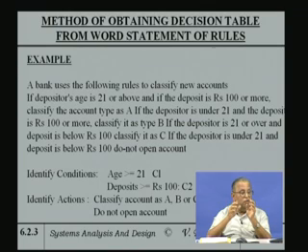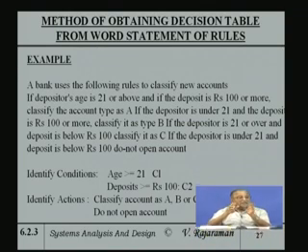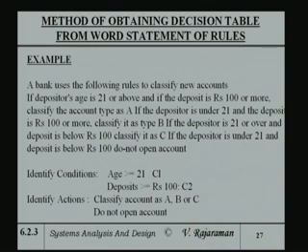So, condition 2 is deposit greater than or equal to 100, and there is no other condition, only age and deposit amount. And the actions which are taken are classification of accounts if they are open and denial if it is not open. So, the actions are classify account as A, B or C, or do not open an account. Having identified conditions and the actions to be taken, the next step is to develop the table based on the conditions and actions.